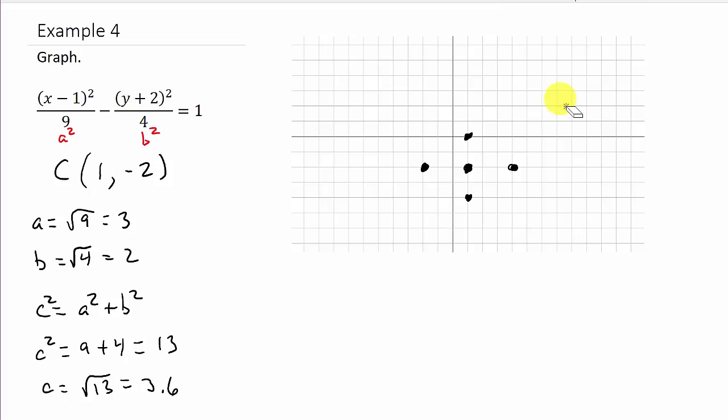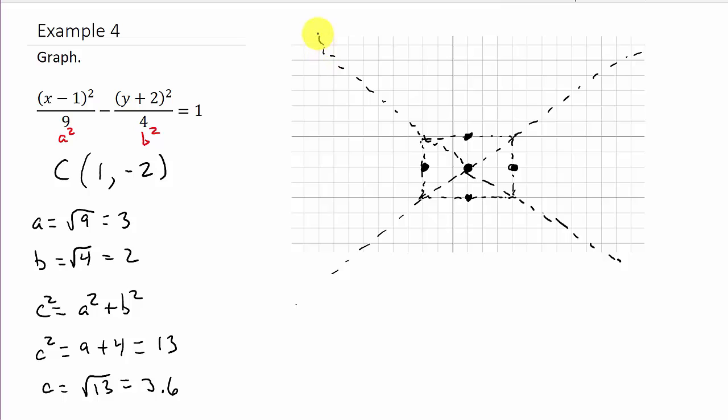Okay. And that will draw our box. And notice I'm drawing this as a dashed line. That's because this box is not part of the graph. It's just used as a guide. And it also helps us get our asymptotes for the hyperbola by connecting the diagonals. So we have asymptotes here, and we've got one here, like this.